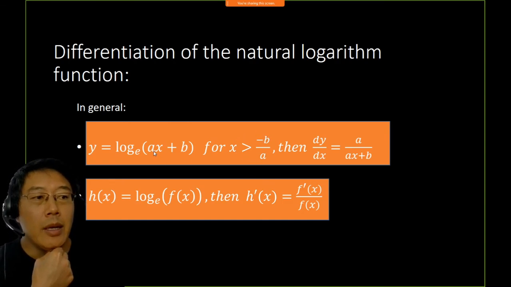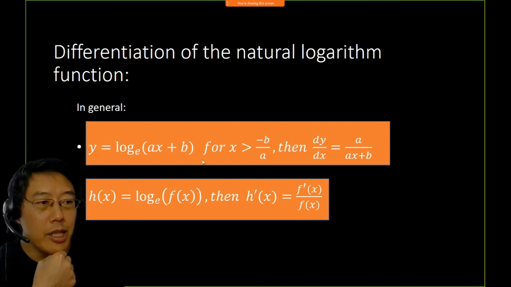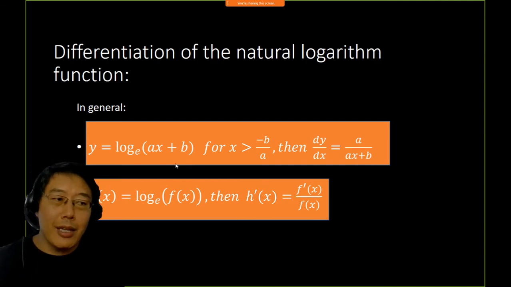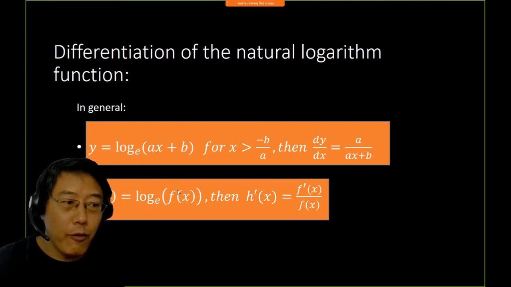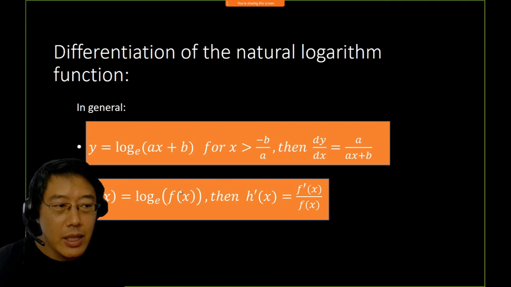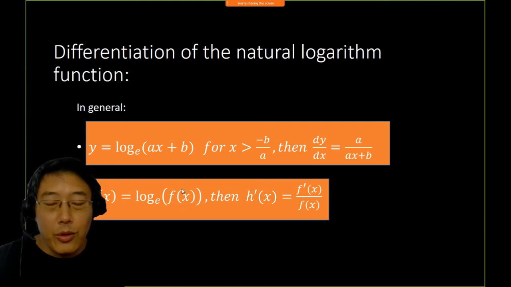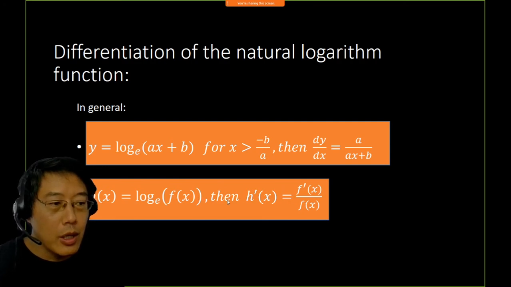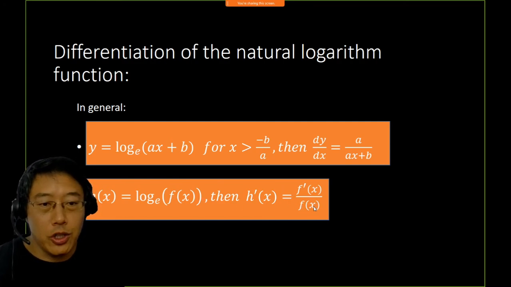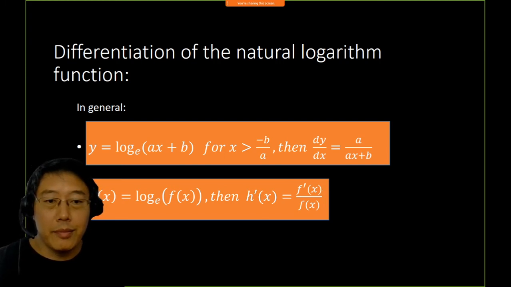Okay? Now the derivative is going to be, you have a coefficient a that will be on the numerator, and the denominator is going to be ax plus b. So the generalization here is if you have a log to the base e of a function, the derivative of that is going to be a fraction, the denominator is the function, and the numerator is going to be the derivative.